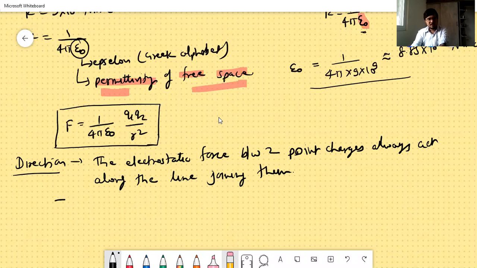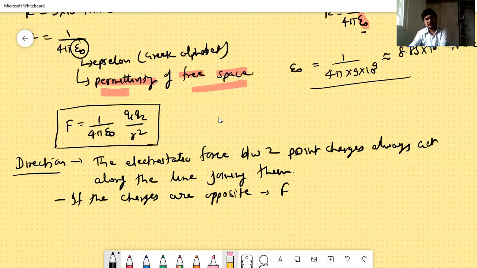Now, if the charges are opposite, then force is attractive.